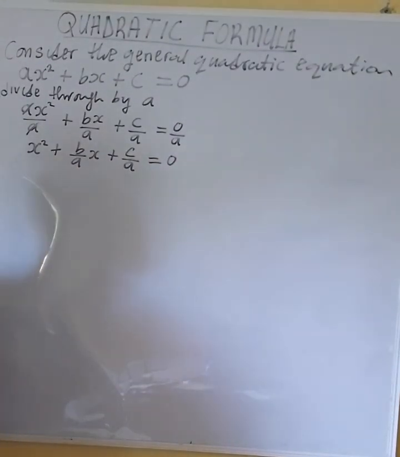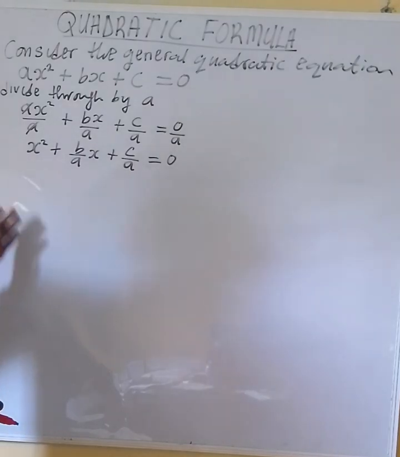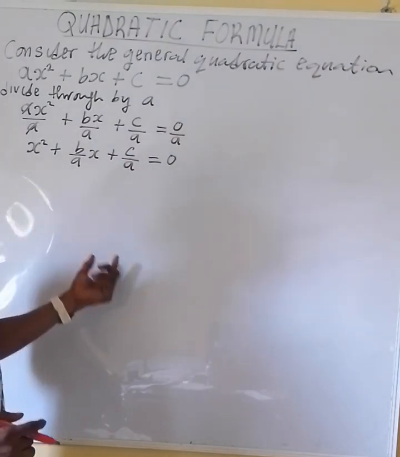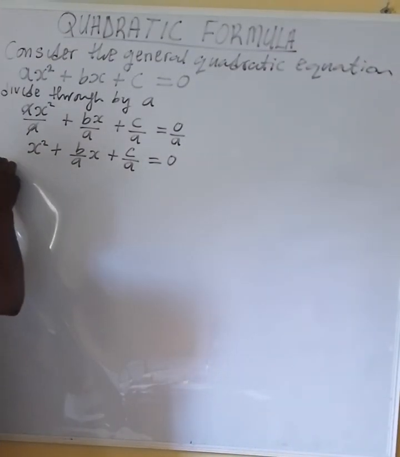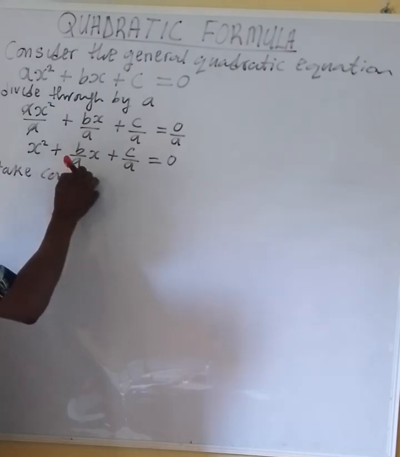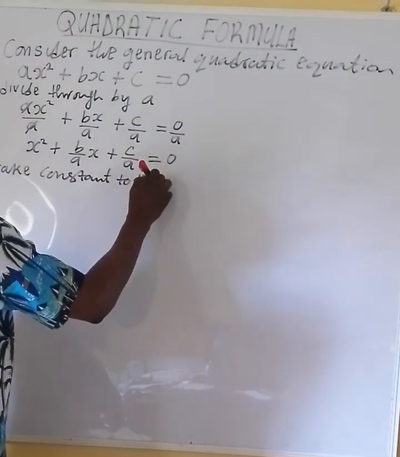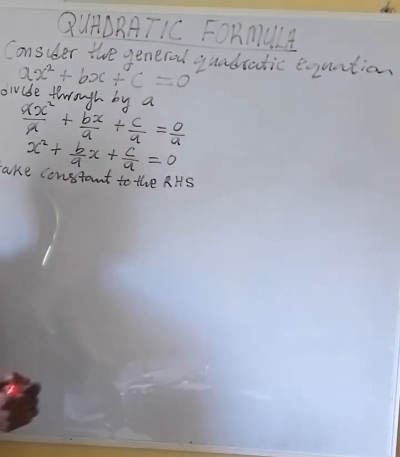Are we together? Now after that, the next thing we are going to do is, we have the constant, so we are going to take our constant to the right hand side. So we will now say take the constant to the right hand side.